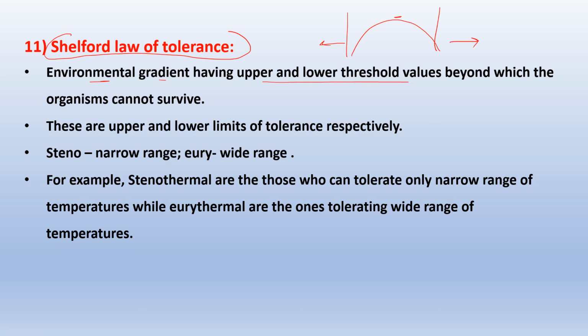So these are nothing but the upper and lower limits of tolerance. There are a few terminologies like steno. Steno means narrow range and eury means wide range. For example, stenothermal organisms can tolerate only a narrow range of temperatures, while eurythermals tolerate a wide range of temperatures.